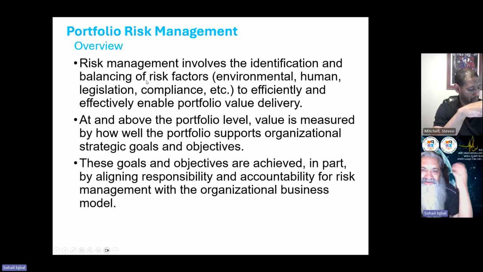It says various factors of risk like environment, human, legislation, compliance. You have to strike a balance amongst them because you are looking at a big picture. You are not just dealing with some specific risks to a project, right? Although they are also in many categories, you are sitting at a very high pedestal. You are looking at risks from anywhere and everywhere.